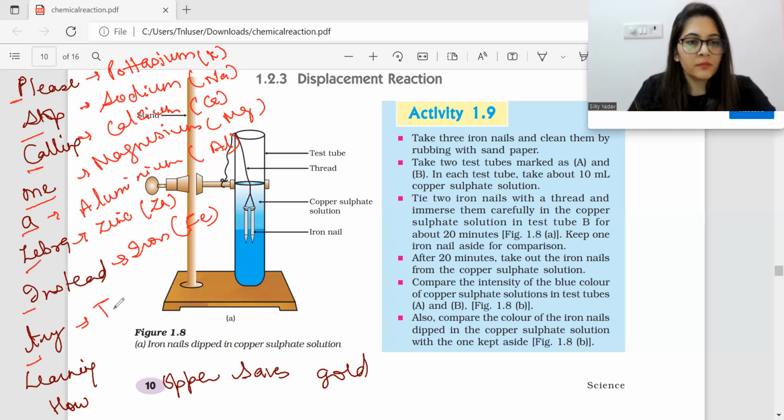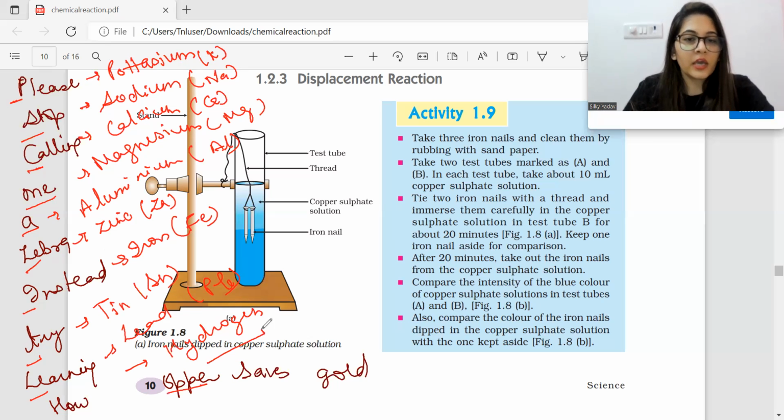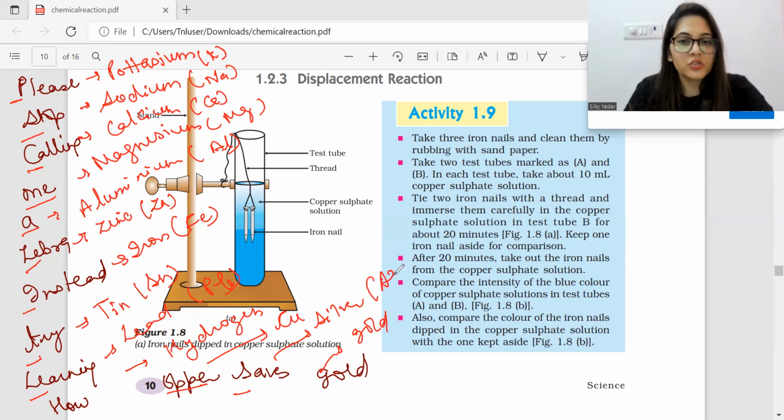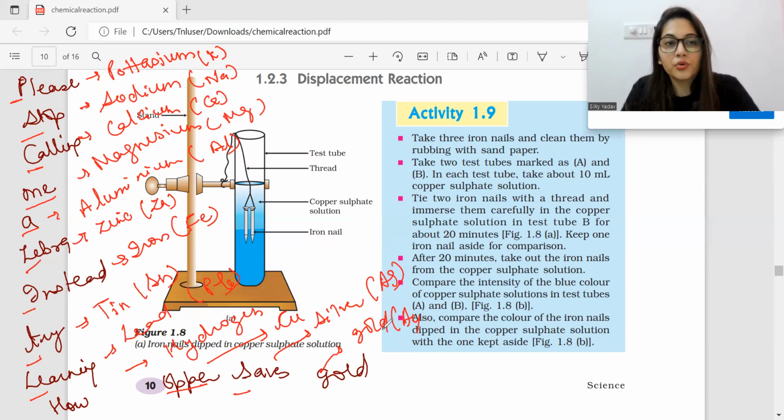T is for tin, which is Sn. L is for lead, that is Pb. H is for hydrogen. And copper, again Cu. S is for silver and G is for gold. The symbol for silver is Ag, and for gold it is Au. I hope this is clear to you all.